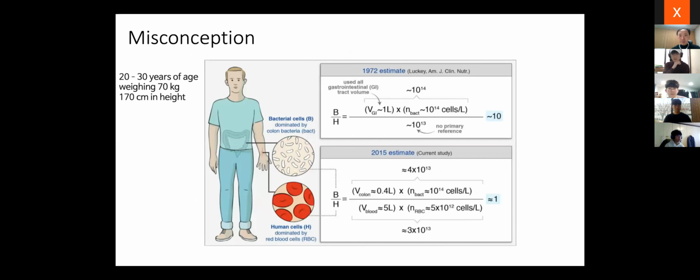The original estimate, as shown by the professor in 1972, uses a total number of bacterial cells of 10 to the 14th, which means 100 trillion.